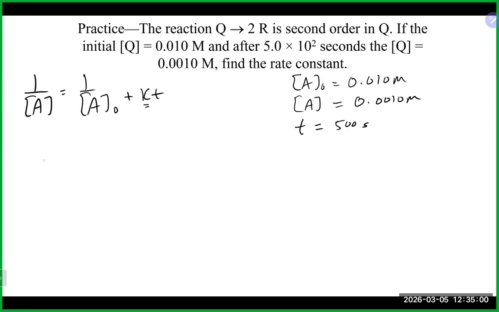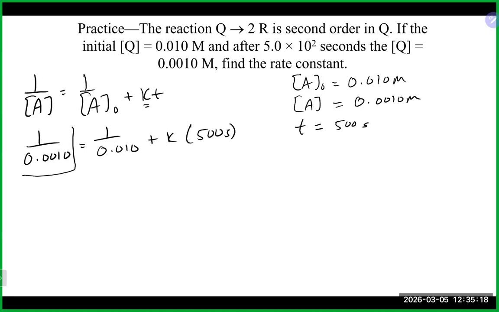So we're going to go 1 over our 0.001 equals 1 over 0.01 plus our k and our time here, which is 500 seconds. Once again, I'm going to do 1 over 0.001, and then I'm going to take this and subtract it to the other side. So I'm going to go 1 divided by 0.001, and subtract 1 divided by 0.01.